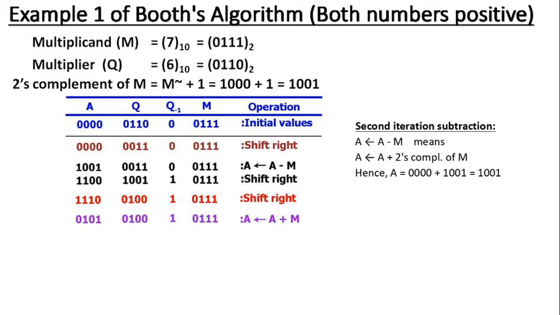So here is the fourth iteration addition. Fourth iteration addition is nothing but the contents of register A after the third iteration, 1110, plus the contents of M, which are 0, 1, 1, 1.